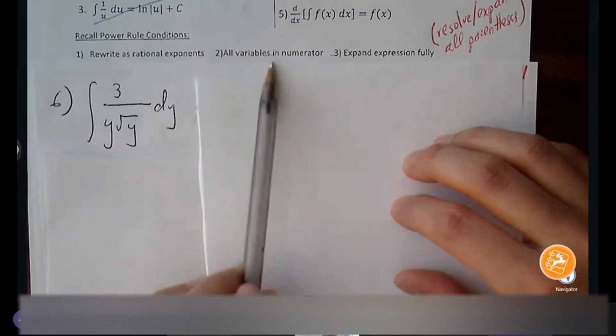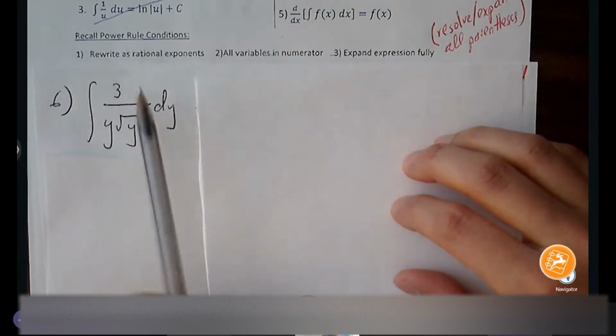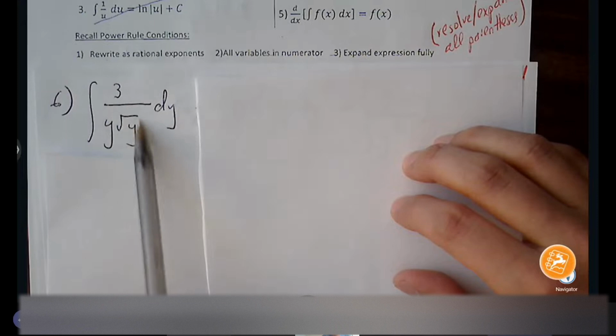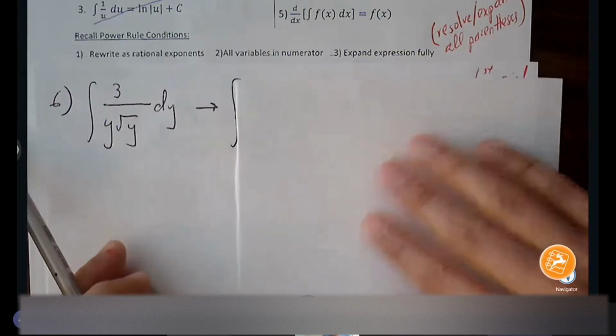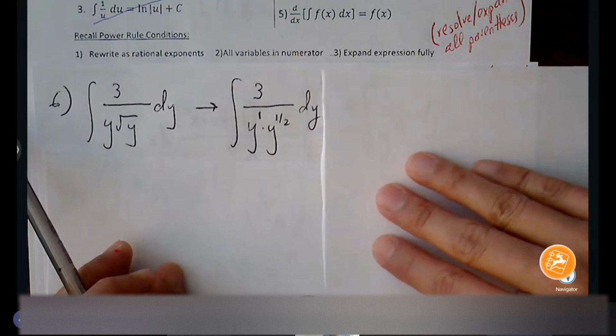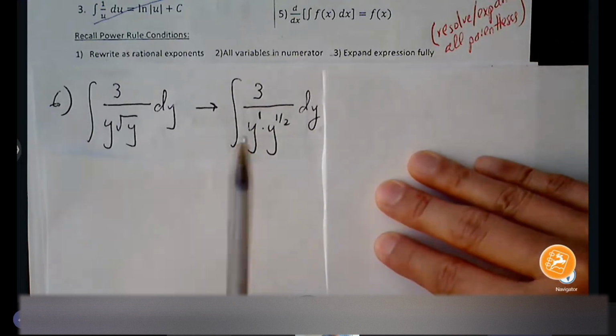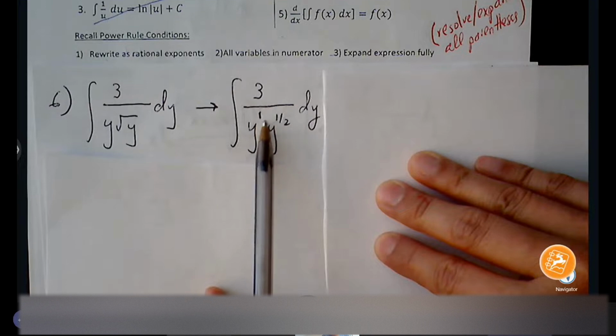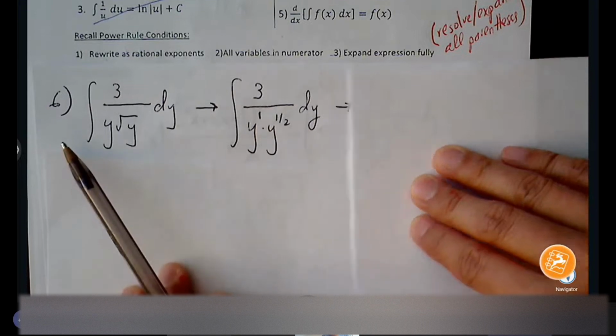We have to do a little bit of cleanup before this expression is ready for power rule. So the first thing is I'm going to rewrite this radical as a rational exponent. Make that square root of y to the 1/2. Next up, I'm going to try to merge these together. So add exponents: 1 plus 1/2 is 3/2.